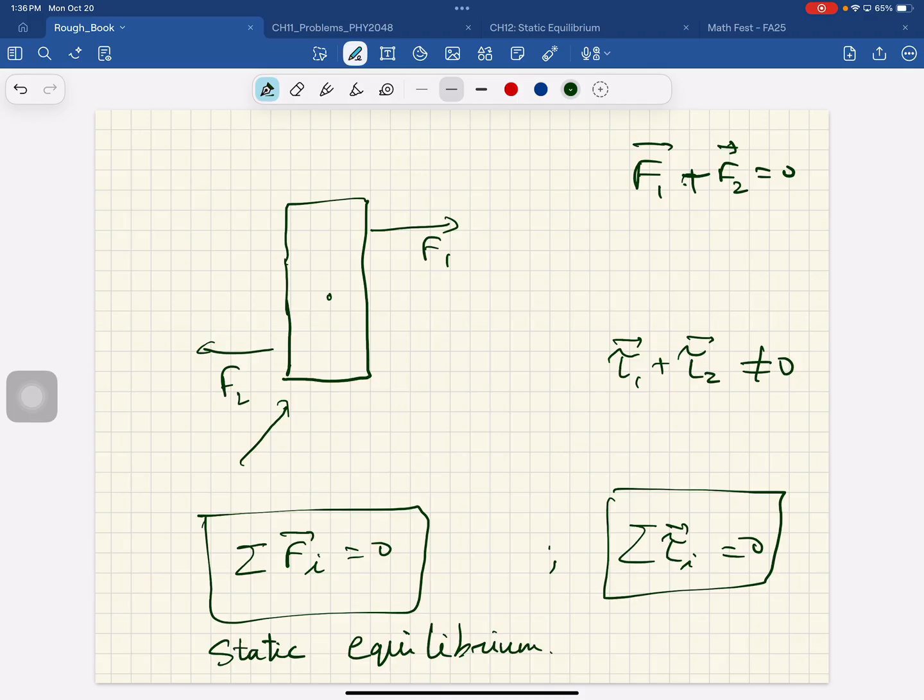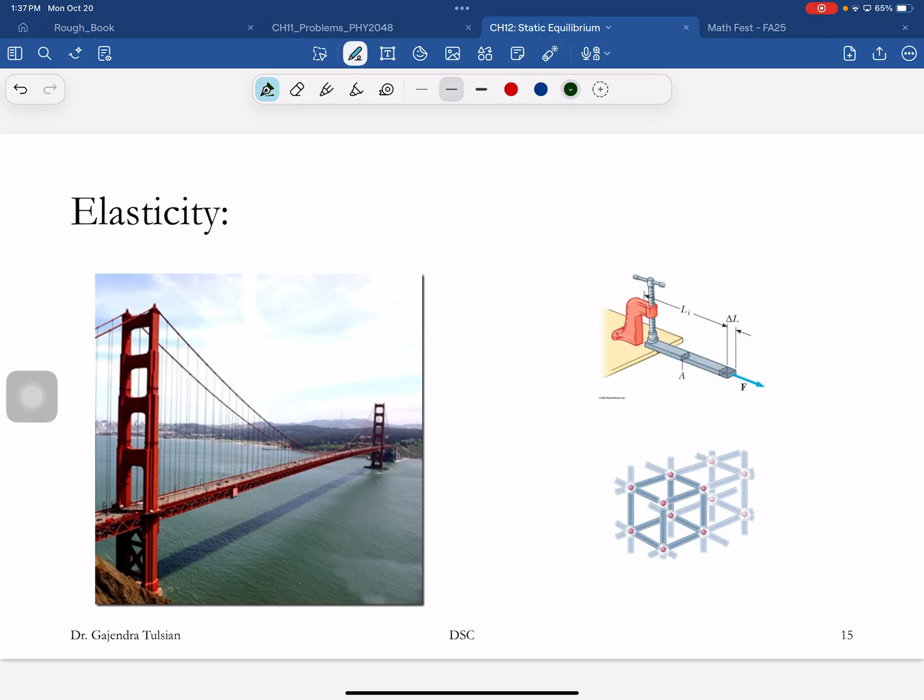Okay? And that's a whole course. That'll become a whole course. So just those two equations. Okay. You guys understand? So if you have a point object, all you need is this condition. But if you have forces acting on an extended object, you need these two conditions for it to be in equilibrium. Okay? All right, so that's the first part of the chapter.